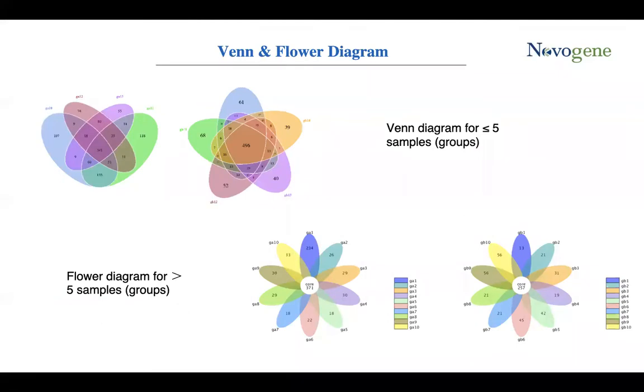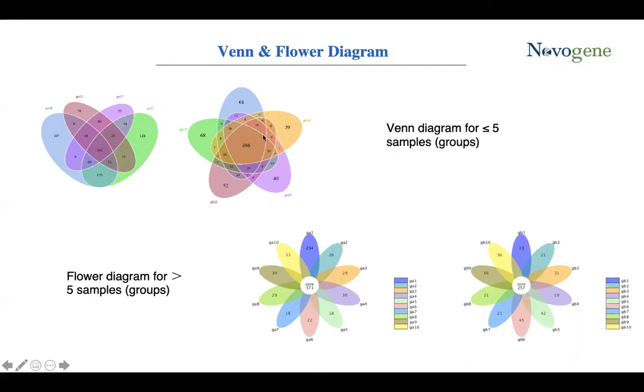And according to the analysis result of OTU clustering and some of our research requirements, we normalize the OTU table and analyze both the common and unique information of different samples or groups. Then we can generate the Venn or flower diagram.